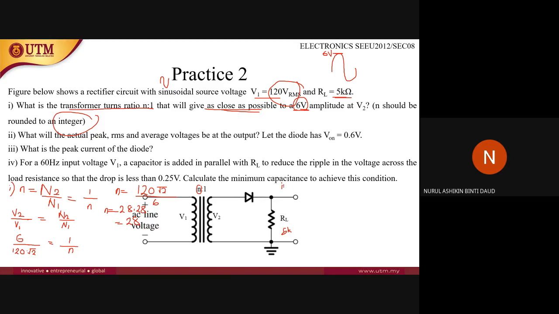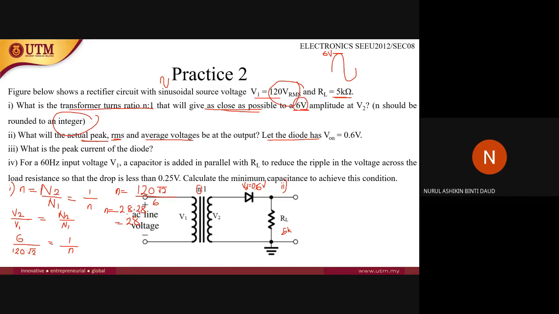What will the actual peak, RMS and average voltages at the output be? Okay, at the output. Let the voltage drop for the diode be VD, which is 0.6 volts. So first of all, you have to use this formula again, right?